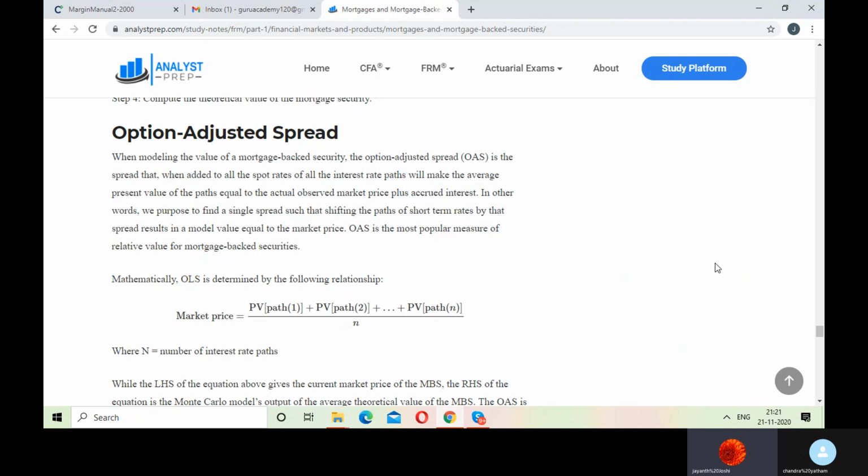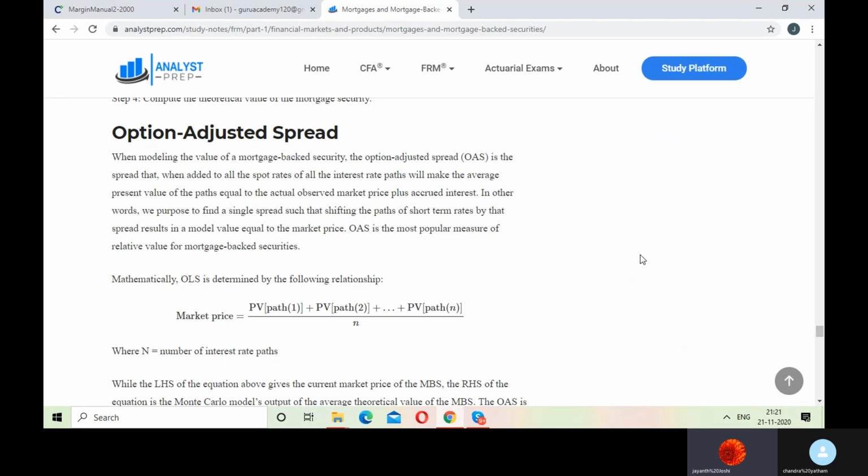Interest rate paths are nothing but, as per the Monte Carlo simulation model, whereby you will be creating some paths and seeing how the interest rates will be behaving.